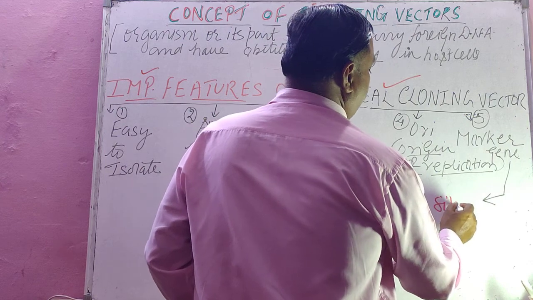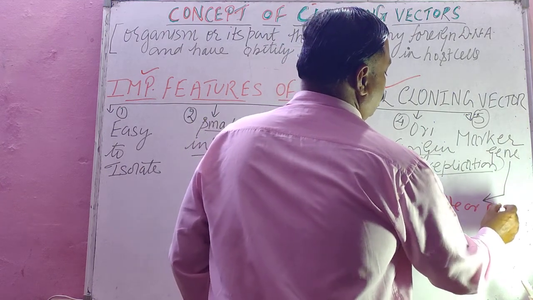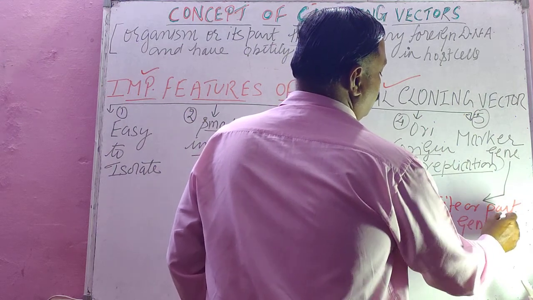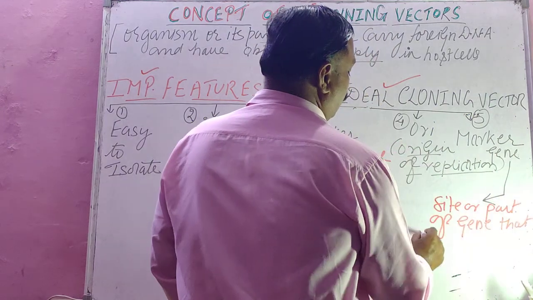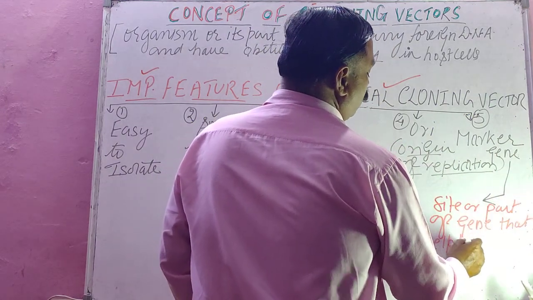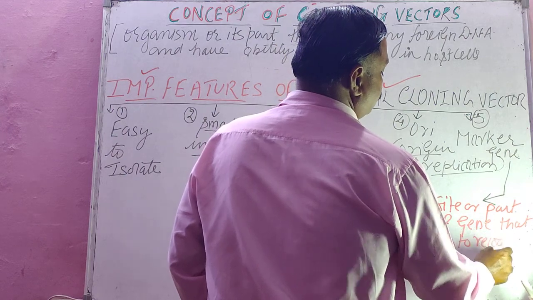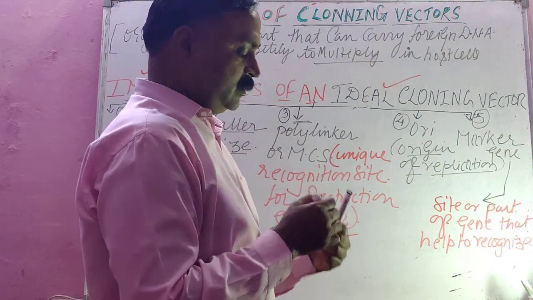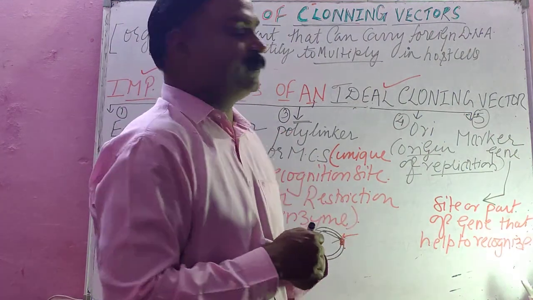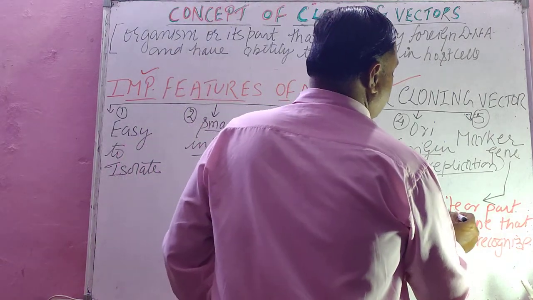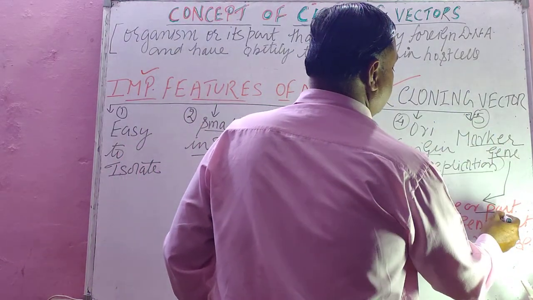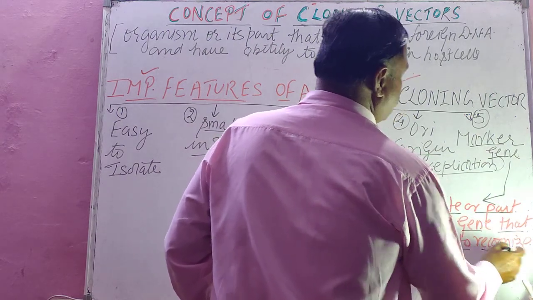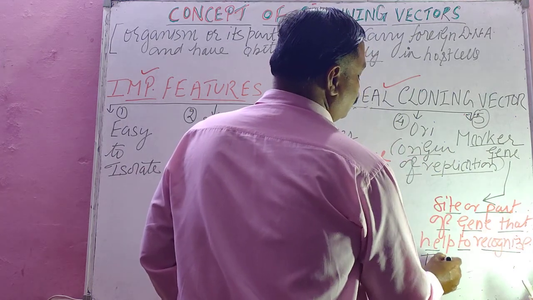Marker gene is the site or part of gene that helps to recognize transformed cell, whether the cell is modified or not into genetically modified organism. It is a site or part of gene that helps to recognize transformed cell.